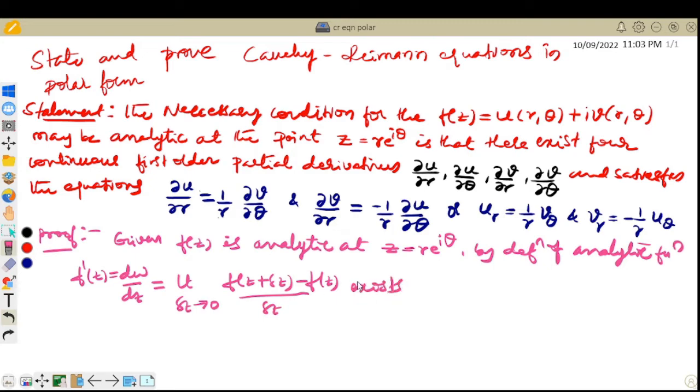It exists, and it should be unique at z and in the neighborhood of z. Okay, so call it equation number 1 for this f dash of z.